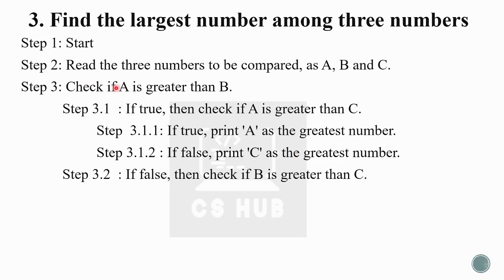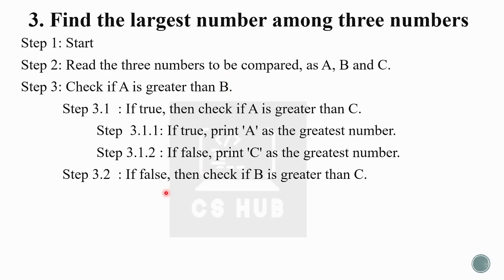Next, it is a substep of step 3. If A is greater than B is true, that is 3.1. Then 3.2 is: A is less than B, so B is greater. If the statement is false, then B is greater than A. Then we need to check whether B is greater than C or not.